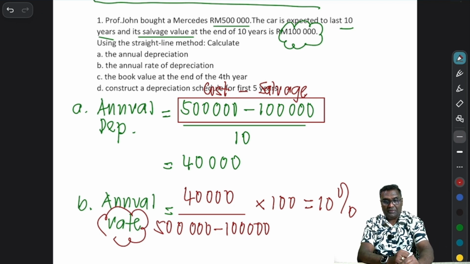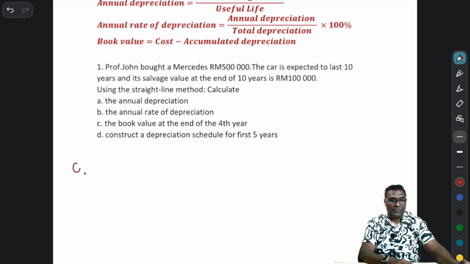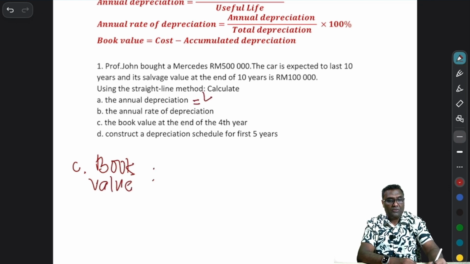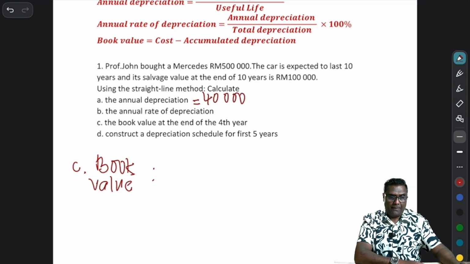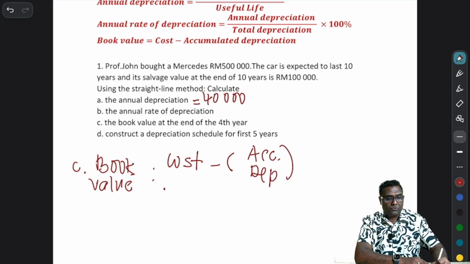Okay, now let's go for C. I'm planning to find the book value. Now how do I find the book value? The best part of this straight line method is the annual depreciation is going to be the same every year. There is no change in the depreciation. So the book value here would be, I take the cost, I minus off the accumulated depreciation, meaning the cost was 500,000.